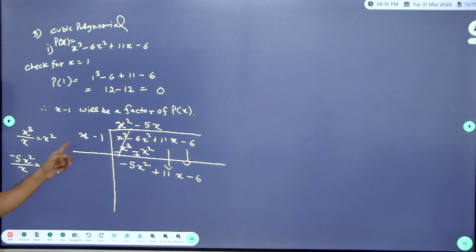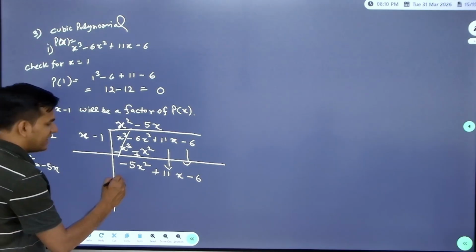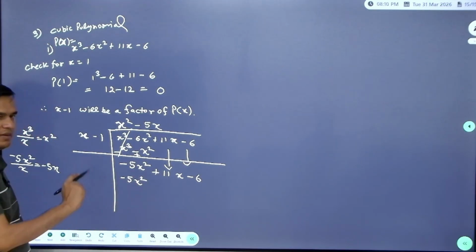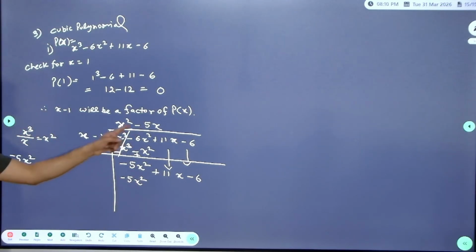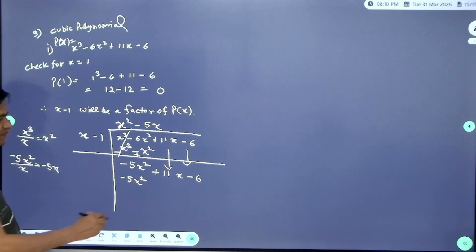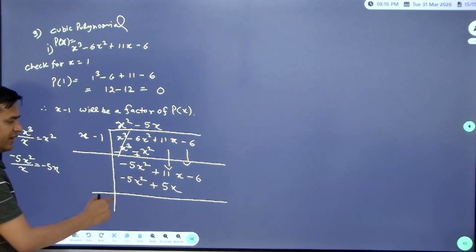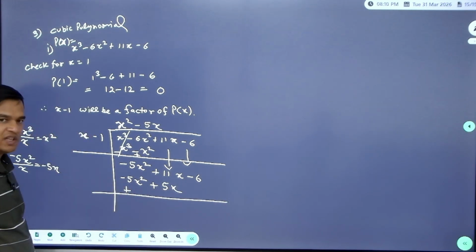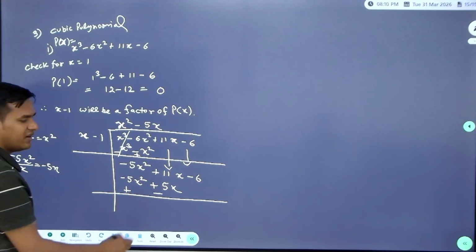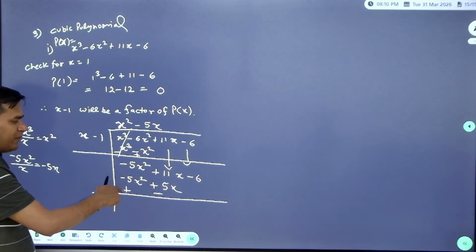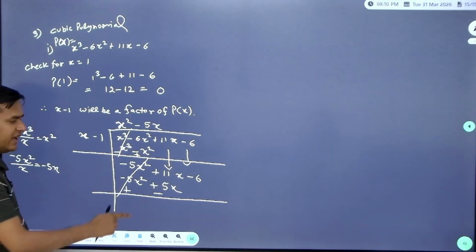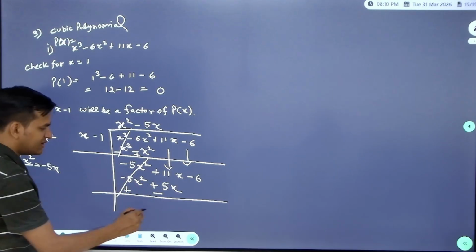Minus 5x into x is minus 5x square, and minus 5x into minus 1 is plus 5x. Then subtract. This is minus, becomes positive. This is positive, becomes negative. So minus 5 plus 5 will cancel. 11 minus 5 is 6.